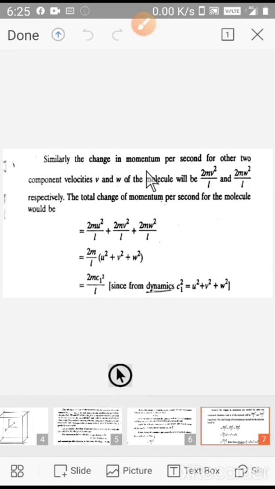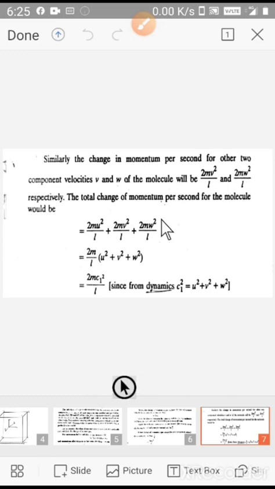Similarly, the change in momentum per second for the other 2 component velocities, that is along the y and z directions with the velocities v and w, will be 2mv square upon L and 2mw square upon L respectively.